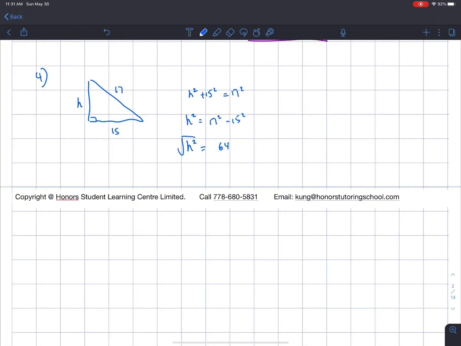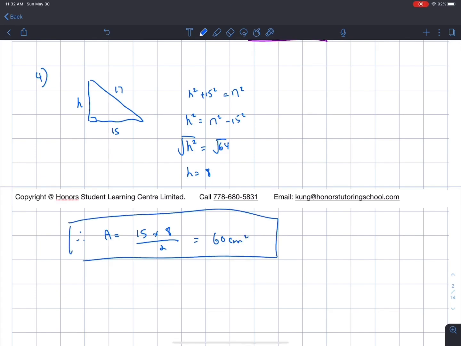And then we square root both sides. We get h equals 8. So now the area is just base, which is 15, times the height, which is 8, divided by 2. And we get 60. This is in centimeters squared.